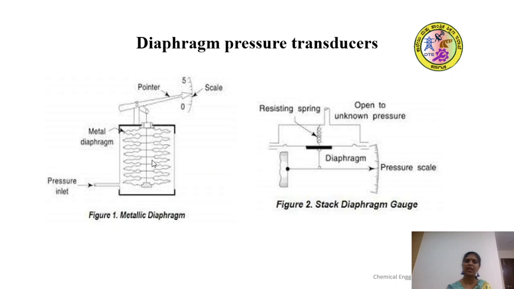Here in this case, the metallic diaphragm, as the pressure is being applied, see this diaphragm material, either it compresses or expands due to the pressure applied at one end, so that the contraction and expansion of this diaphragm material causes the pointer to move onto the calibrated scale.